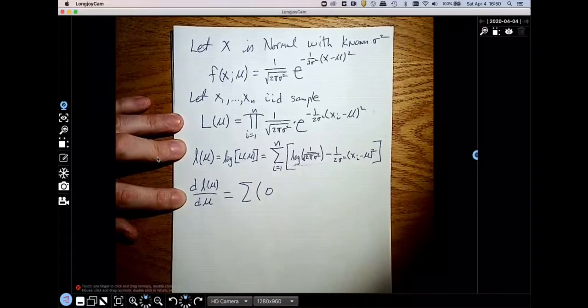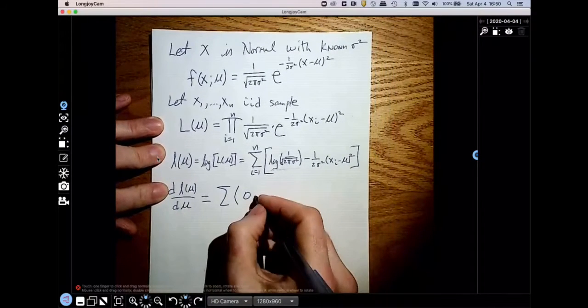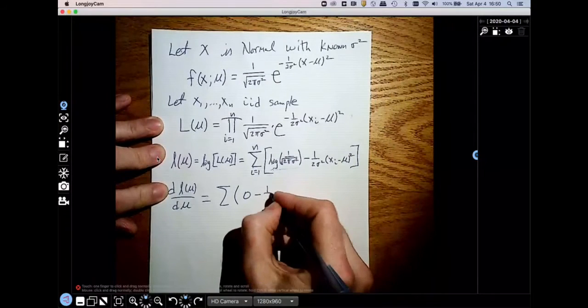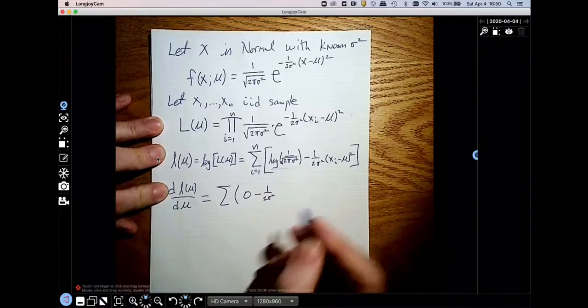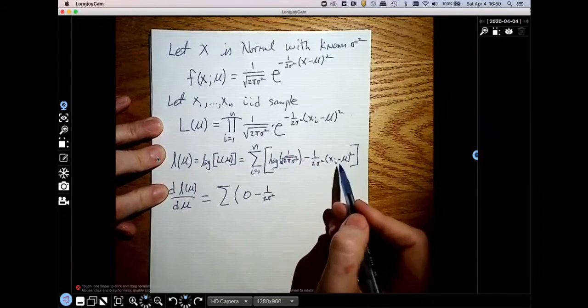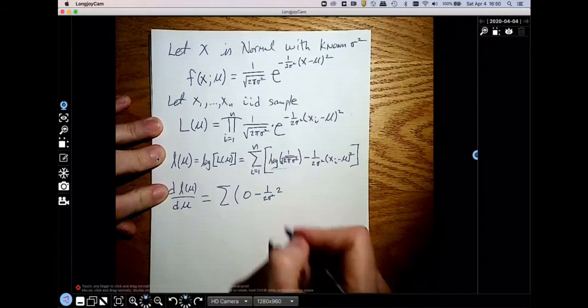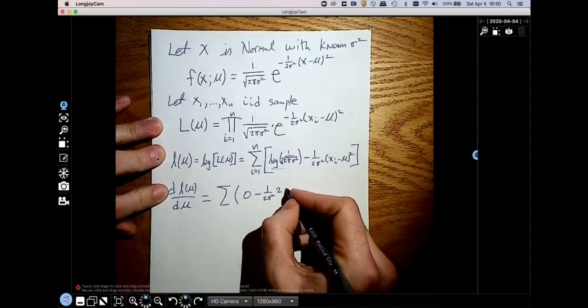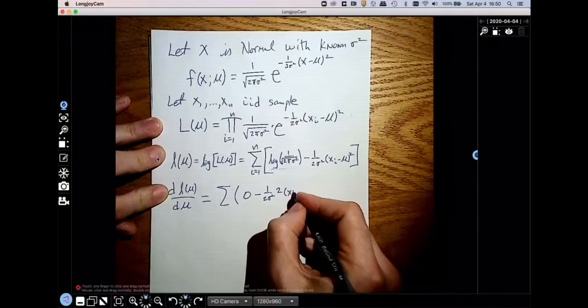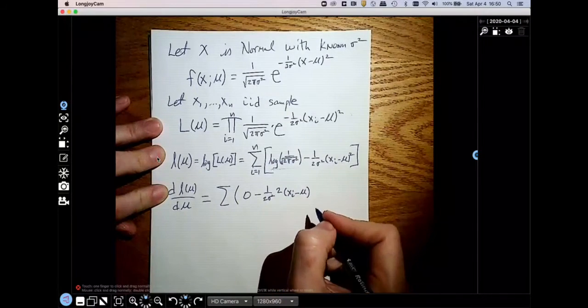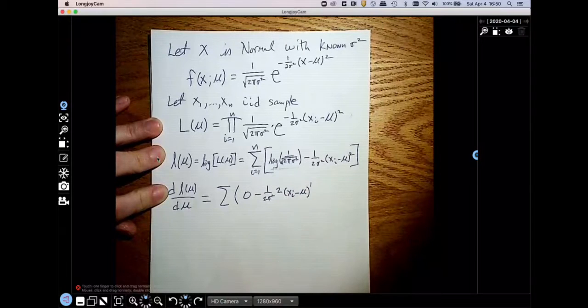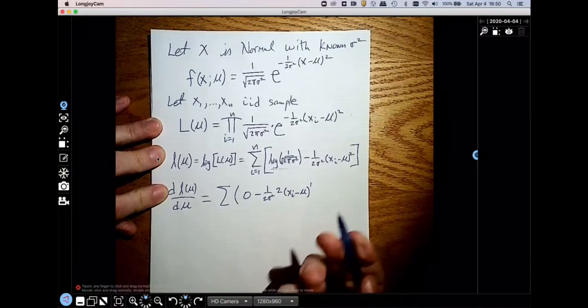And then let's go find the derivative of the second term. So it's going to be 1 over 2 sigma squared. That's a constant. Then I need to use my chain rule here. We're going to bring the exponent down, so 2 times the base, so xi minus mu, raised to the 1 power. And then I have to take the derivative of the base.